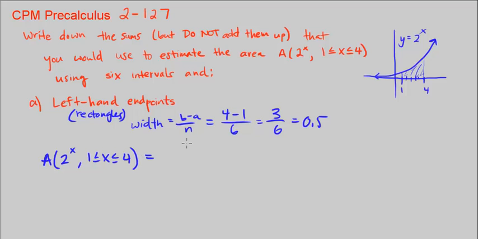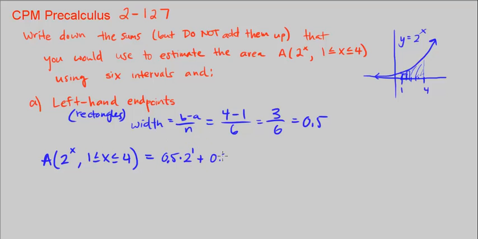I know I'm just going to multiply to get rectangles, the base times the height, the base times the height, the base times the height for each of these rectangles, 6 of them. I know the width is 0.5 every time, and the height starts at 1, at x is 1, so it's 2 to the 1 power. So this is my first rectangle's area.